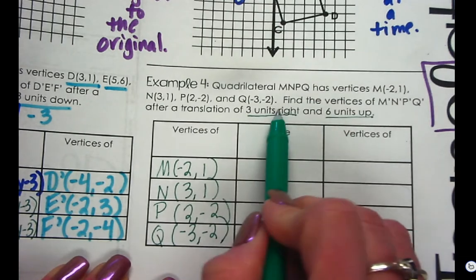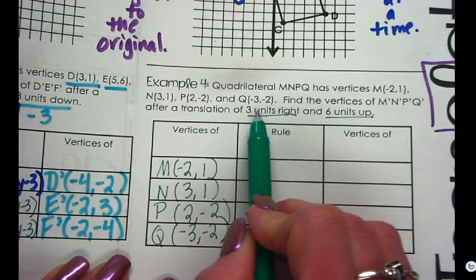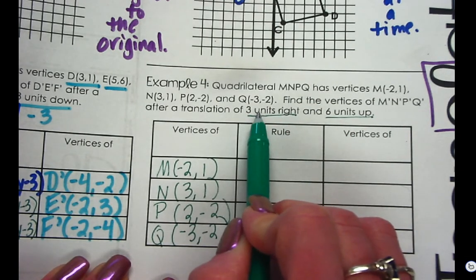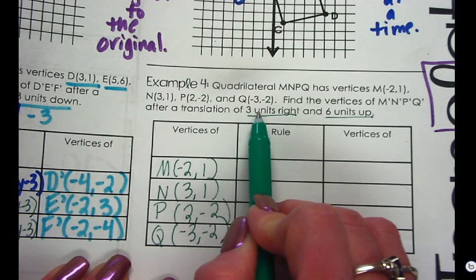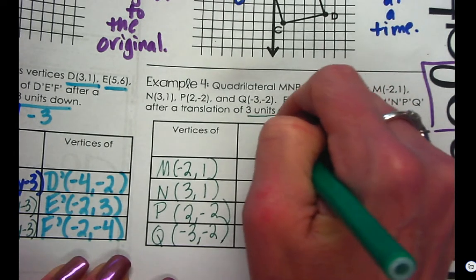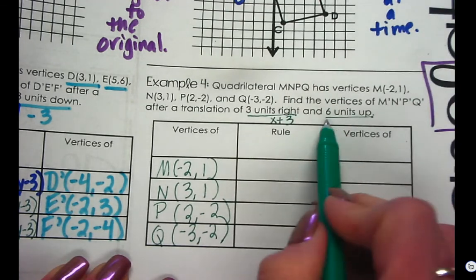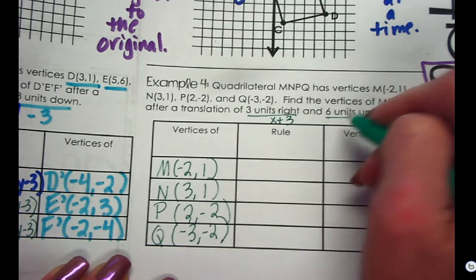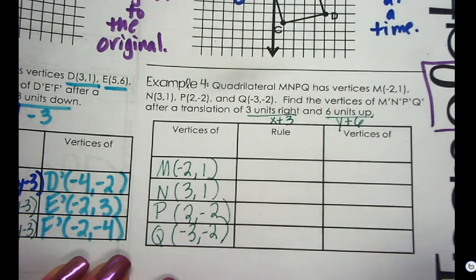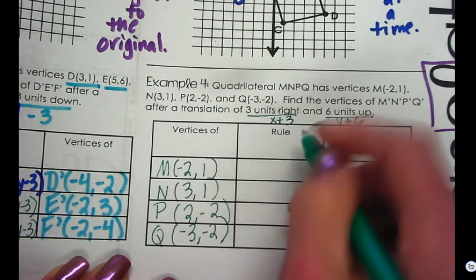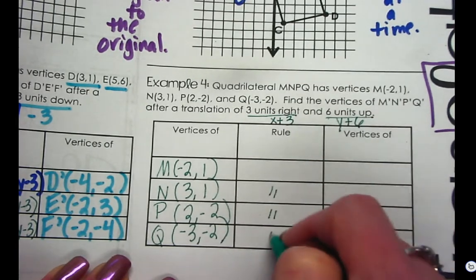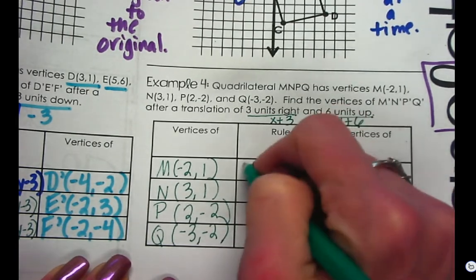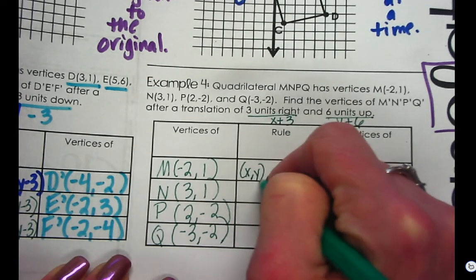So if I'm going 3 to the right, my x is going to increase by how much? Yeah, so it's going to be x plus 3. And if I'm going 6 units up, what's happening to my y value? Y plus 6, okay? So my rule for all of these, and we're just going to put this here because it's the same, is x comma y.